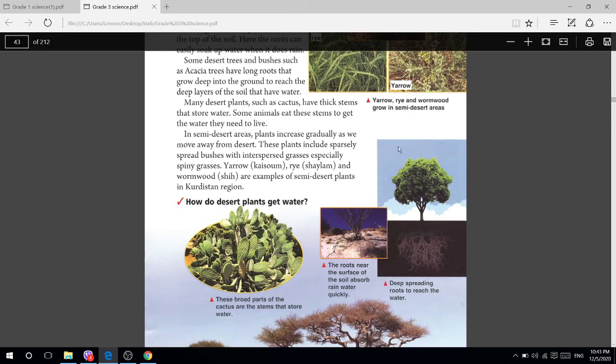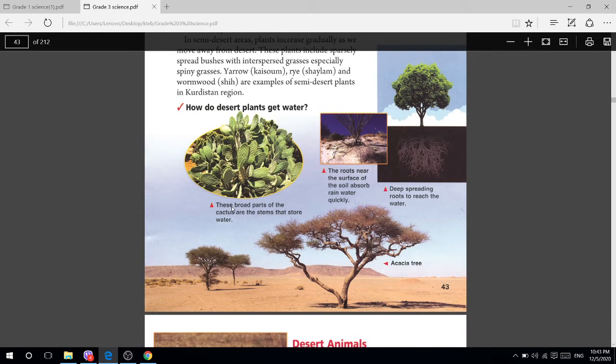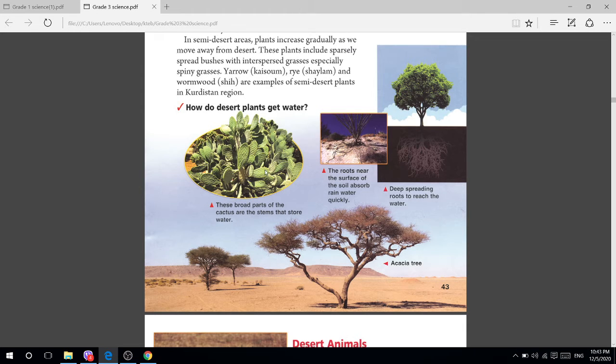This one, wormwood, and this one, these broad parts of the cactus, as I showed you in the video, are stems that store water. They have a thick layer that stores water inside and helps the cactus grow and stay alive.